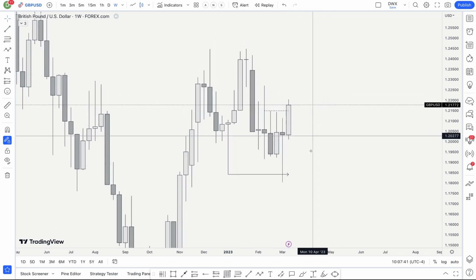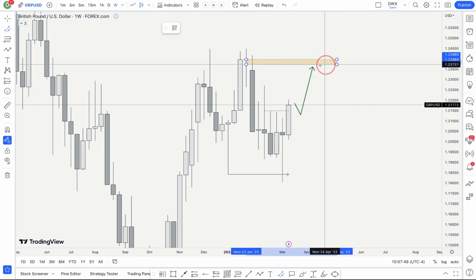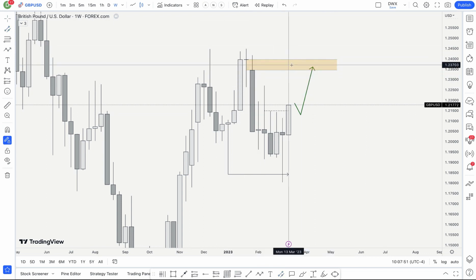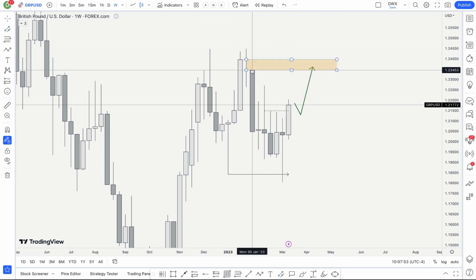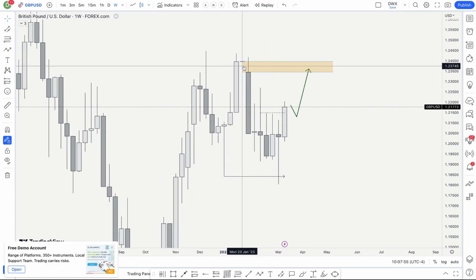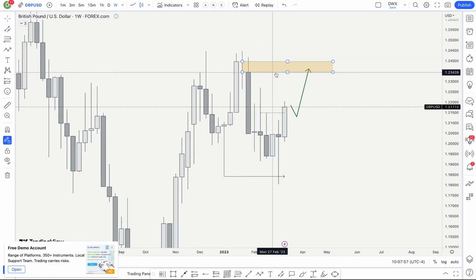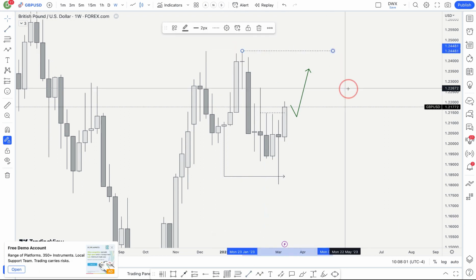So my idea currently is to see a continuation higher, maybe a little pullback, but then continuation up higher, potentially up into, I'm not sure if all of the brokers or everyone will have this gap, but to trade up into this area, up towards the upside, or possibly taking out the high.